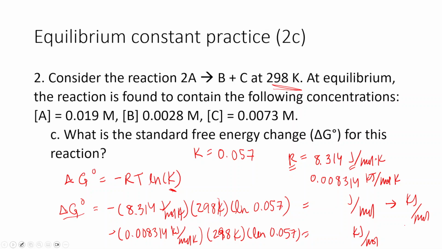So you have 7.1 kilojoules per mole. If you did it the other way, where you got joules first, you would end up with 7,000 and about 114 joules per mole, which you would then divide by 1,000 to get your kilojoules per mole, because this is your final answer, 7.1 kilojoules per mole. Does that make sense to everyone so far?